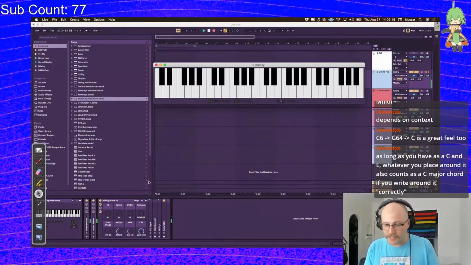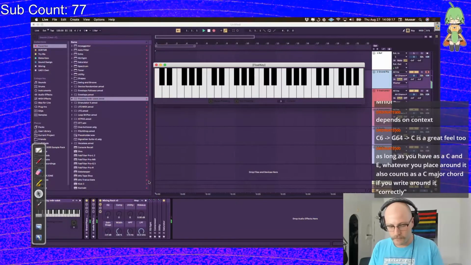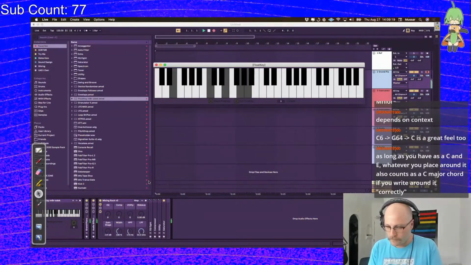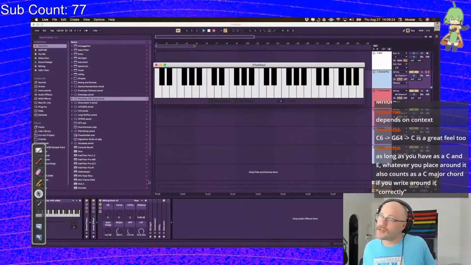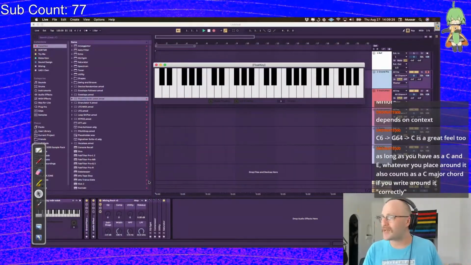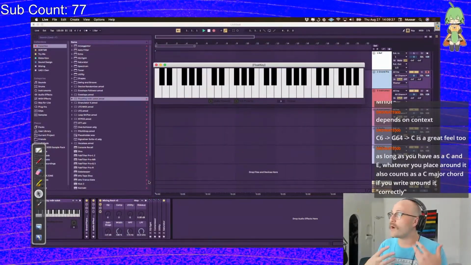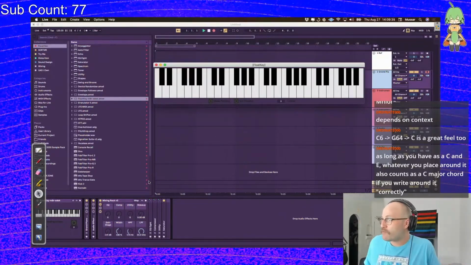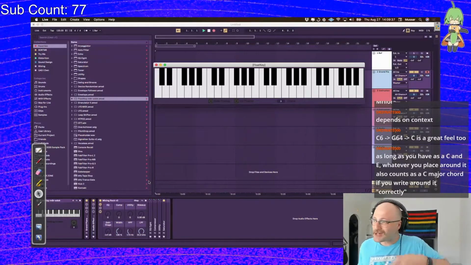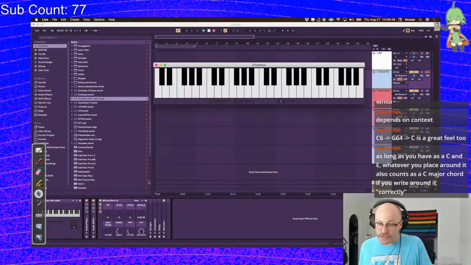That's why, for me, this is still a C chord. That's still a C chord to me because of how I want to use it, because of where I feel that sound leading towards. Feel free to write up your own rules. Maybe you think that should always be a minor seventh. Maybe you think it could be another chord.